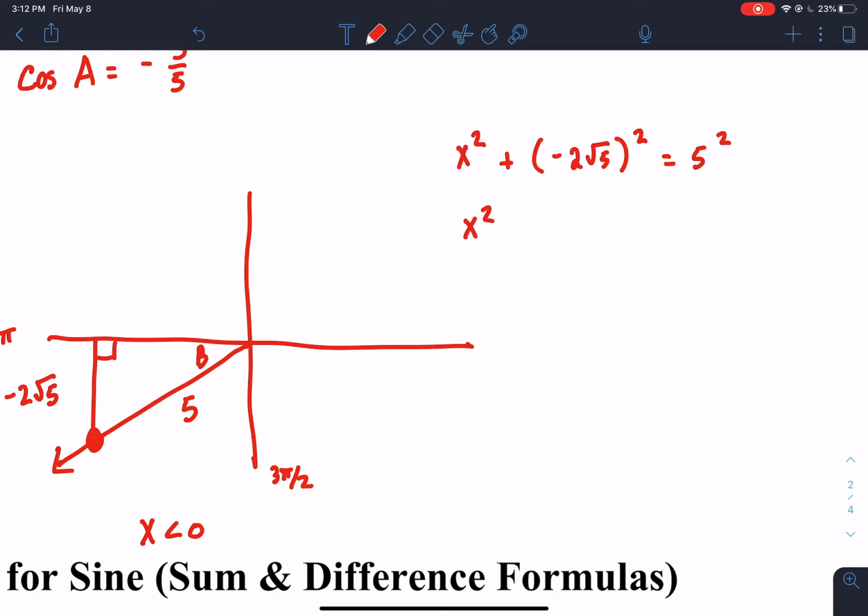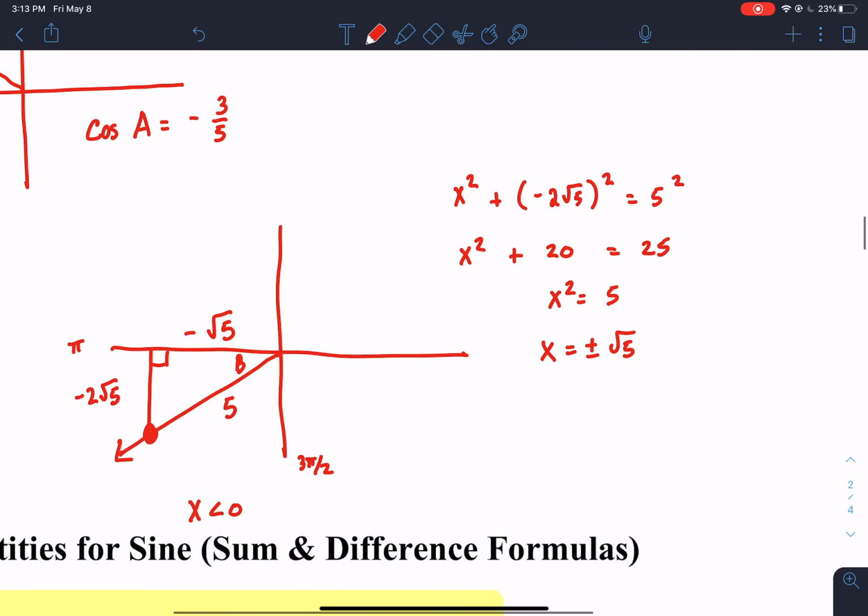So we got x squared plus, that's 4, that's 20, equals 25. So then x squared equals 5. X is plus or minus root 5, sorry. So then this must be negative root 5.